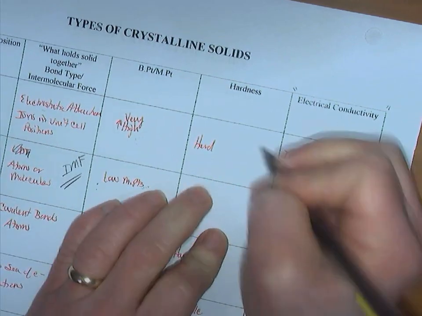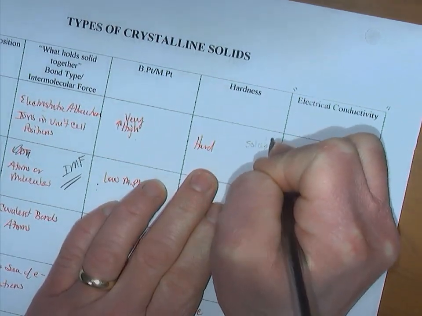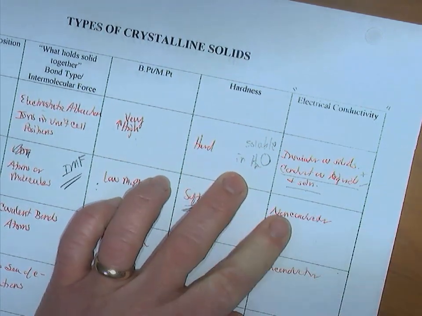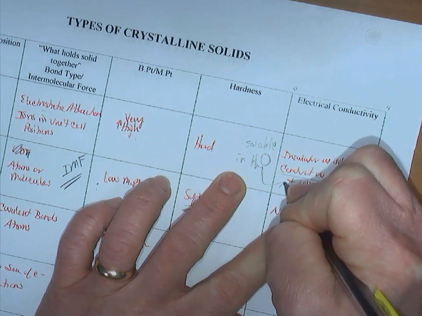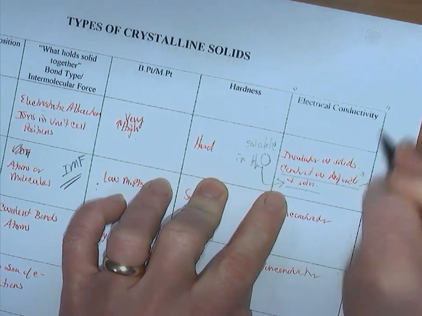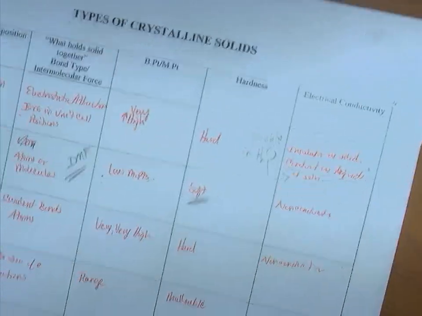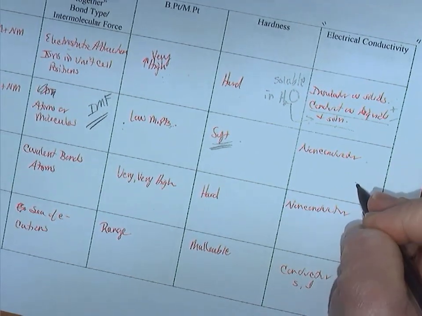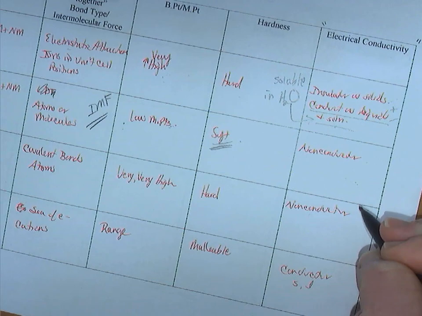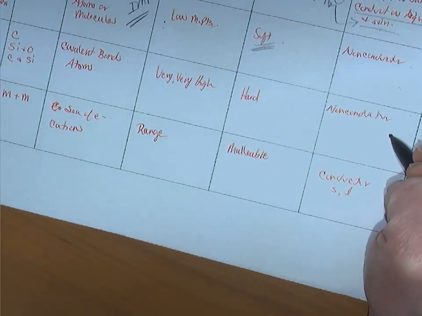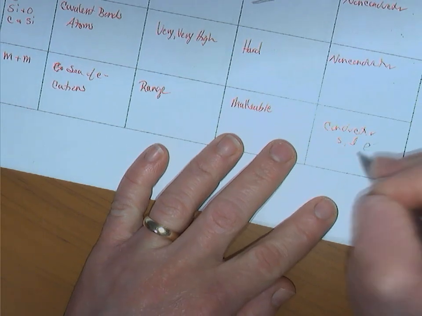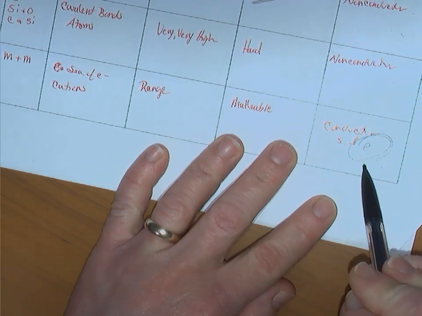Most ionic compounds are soluble in water, and we'll see in chapters to come why then they are conductors in solution. Covalent molecular, non-conductors, no free moving electrons, free moving ions, neither with covalent network, but metallic, of course, the free moving electrons in the solid or liquid state.